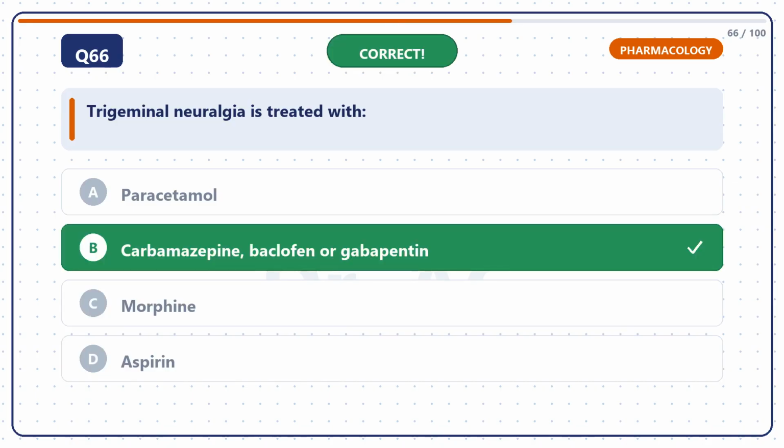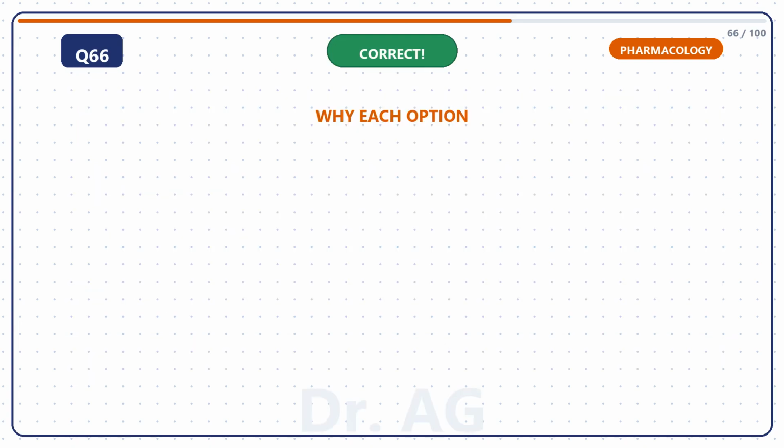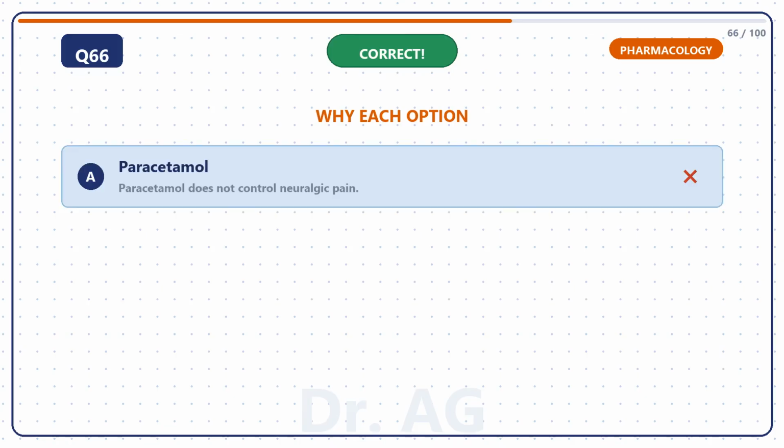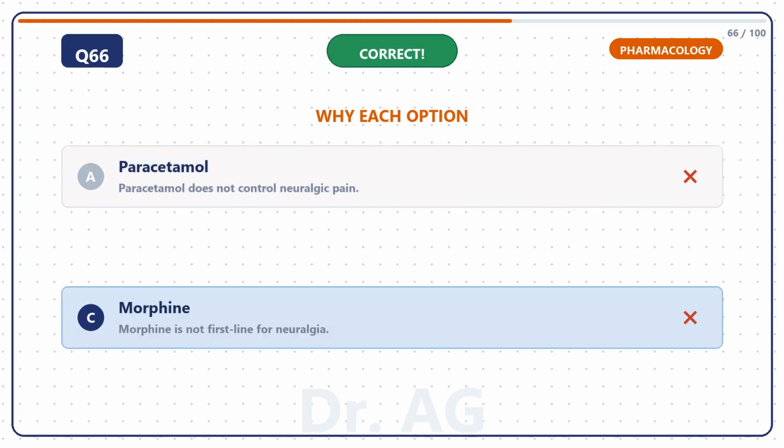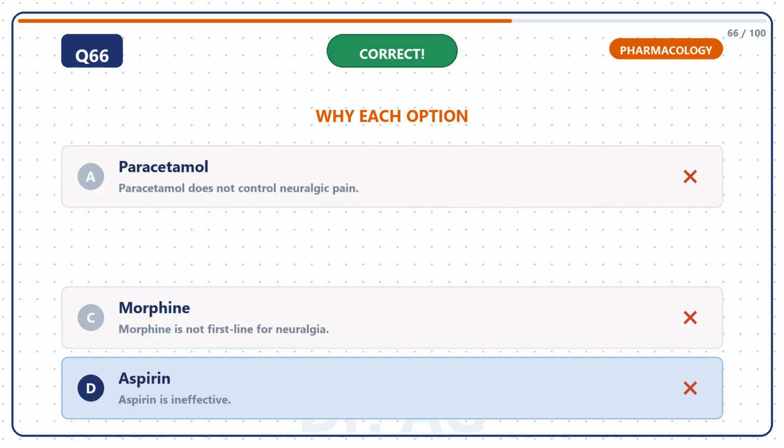The correct answer is option B. Carbamazepine, baclofen or gabapentin. Let's go through the options. Paracetamol. Paracetamol does not control neuralgic pain. Morphine. Morphine is not first line for neuralgia. Aspirin. Aspirin is ineffective.